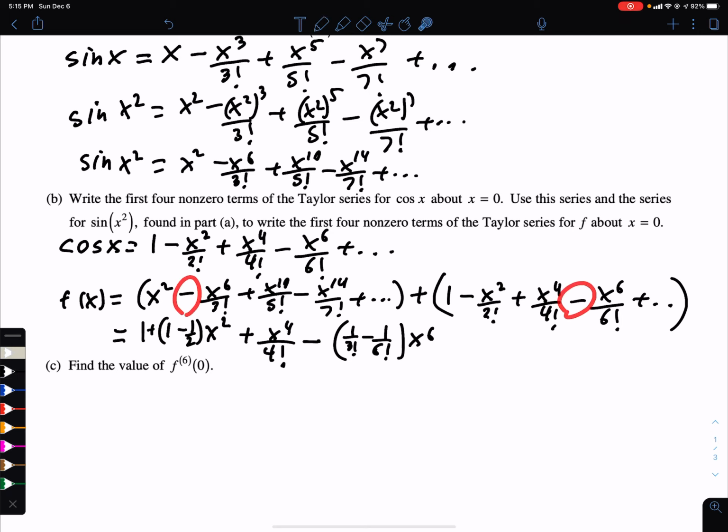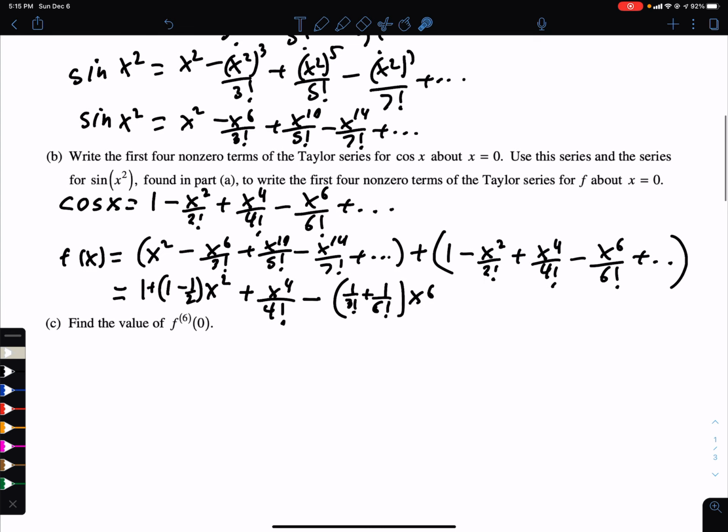They're both minus, so I took the minus out. It's 1 over 3 factorial and 1 over 6 factorial. Oh, that should be plus because I took the negative out. Since I took that negative out in front, that becomes a plus. You can simplify that, but it's not necessary. That is my answer to part B.